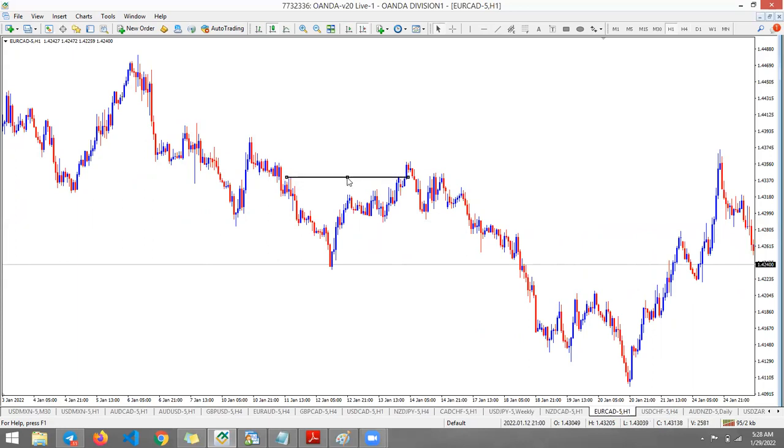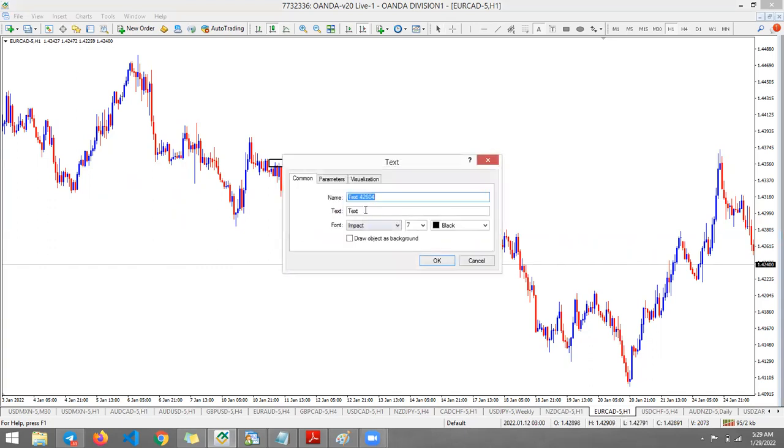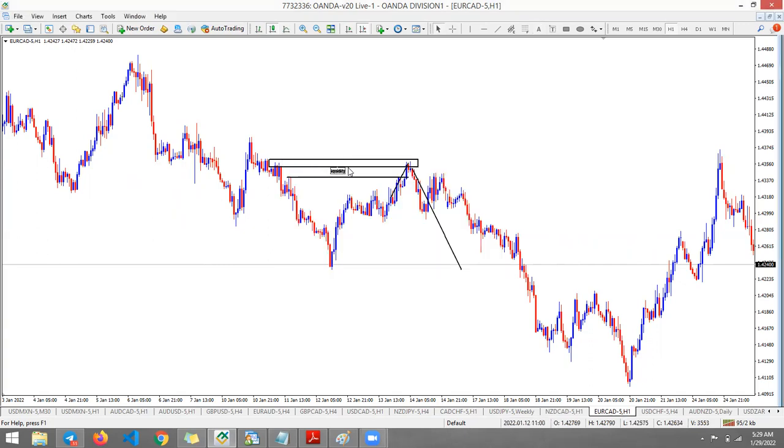You can see right above this level, we had liquidity. Price then pushed up, took out the liquidity, and then dropped. So right here, we had liquidity. Very powerful concept.